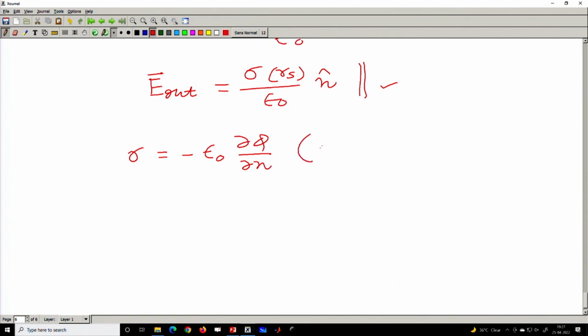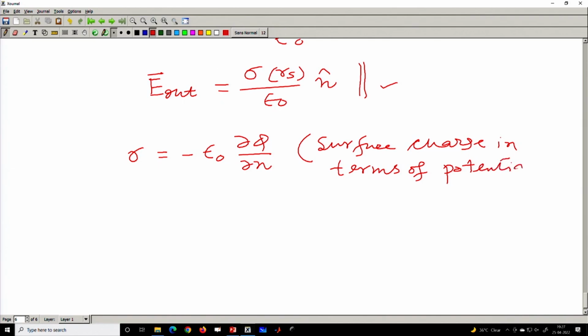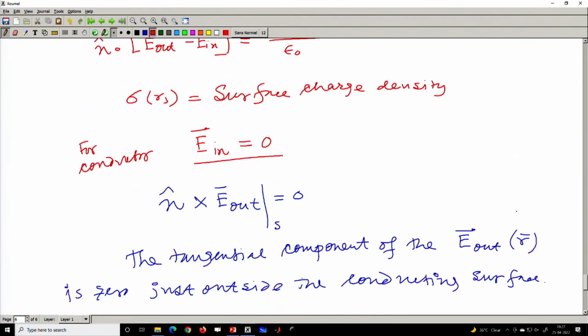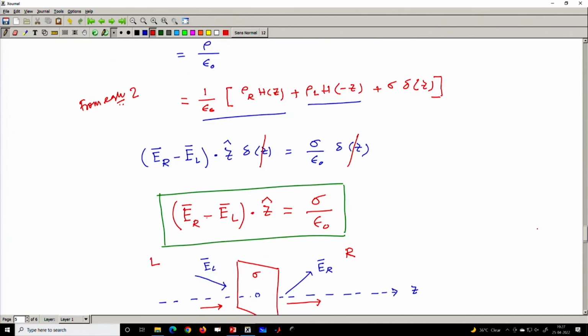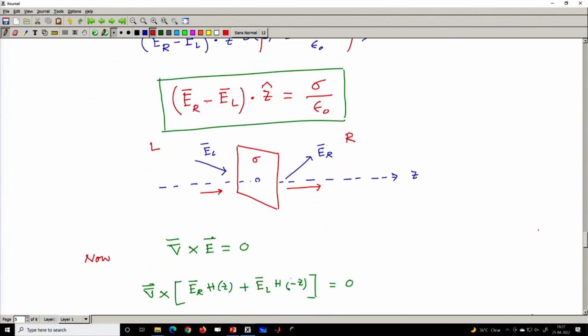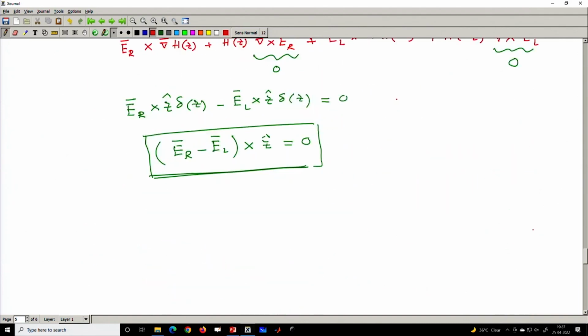This boundary condition is important, and in many places we are going to use it, where the tangential and perpendicular components of the electric field are related.